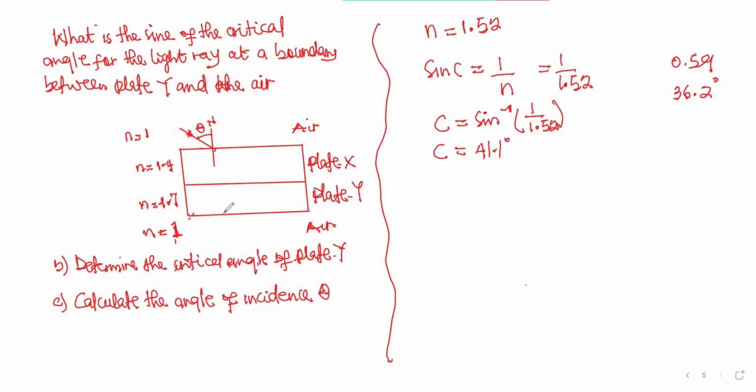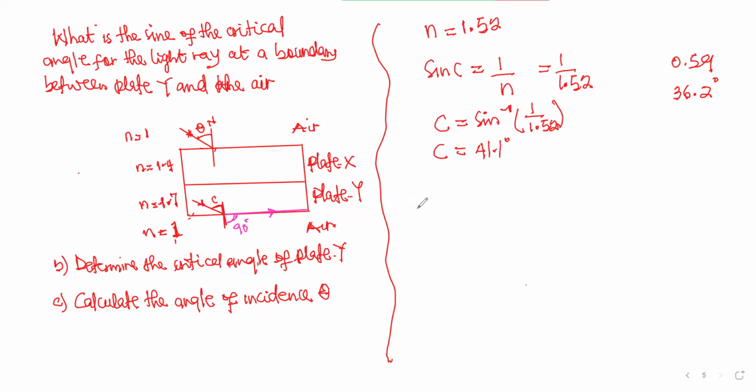If the talk is about the critical angle, then the angle of refraction in the air must be 90 degrees. The angle here must be C, and the refracted ray must just lie on the boundary between plate Y and air. Then we can say this angle is 90.